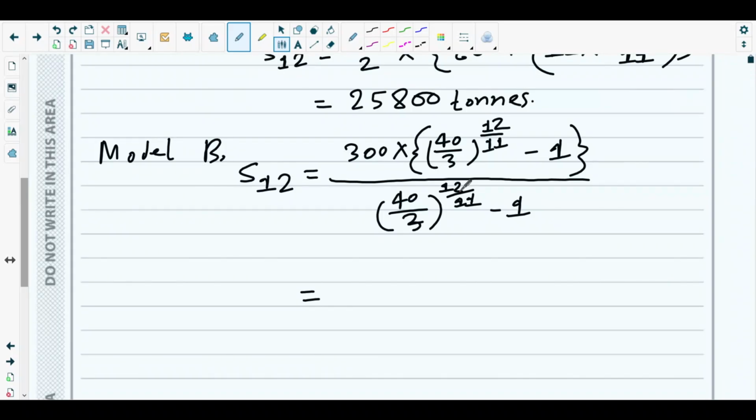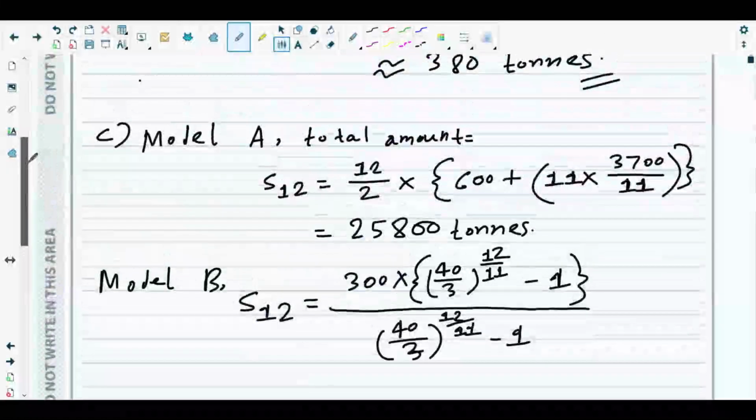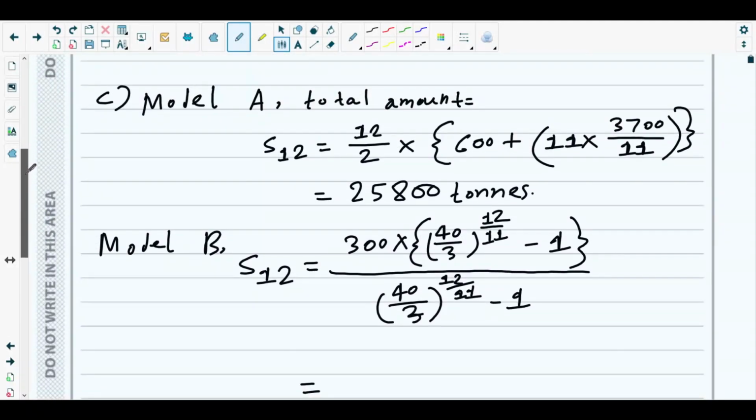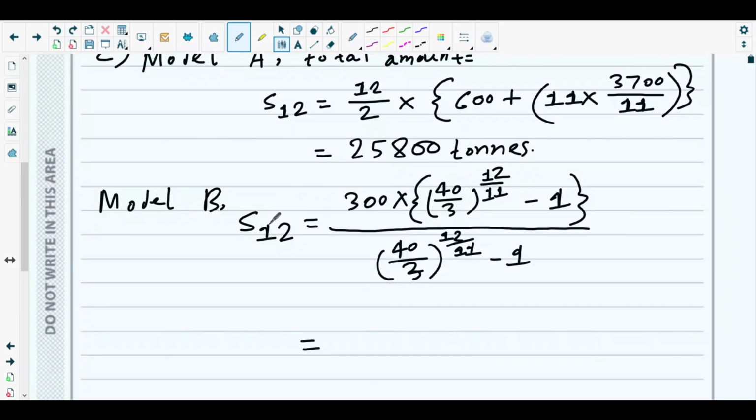Okay, so the value gives 300. Okay, I think 300, but they said we should give to the nearest 10. So that means according to this model, the value should be in decimal. Okay, the formula is a r to the power n minus 1 divided by r minus 1. Oh, r minus 1. So it should be 1, just 1. It was correct earlier. Okay, then made it wrong.